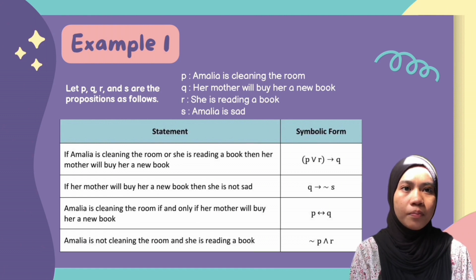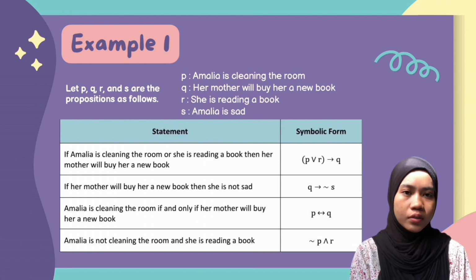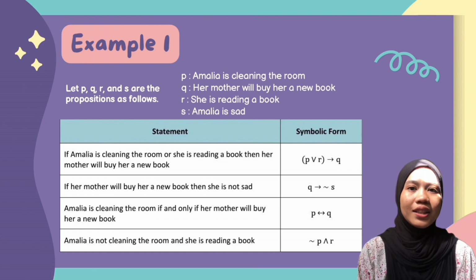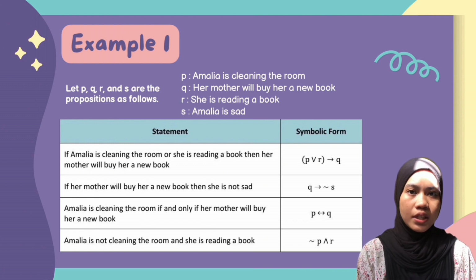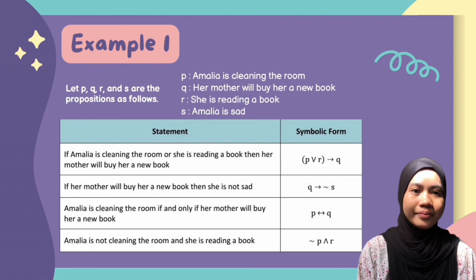The symbolic form is Q implies not S. And the third one, Amalia is cleaning the room if and only if her mother will buy her a new book. The symbolic form is P biconditional Q. And the last statement for this example is Amalia is not cleaning the room and she is reading a book. The symbolic form is not P and R.